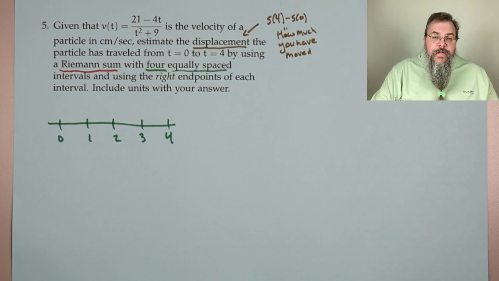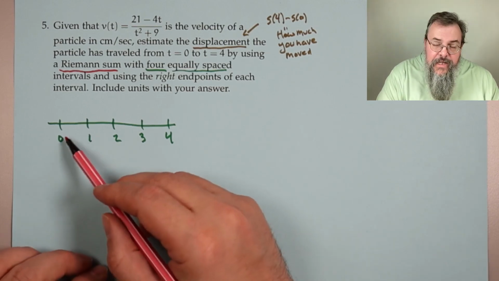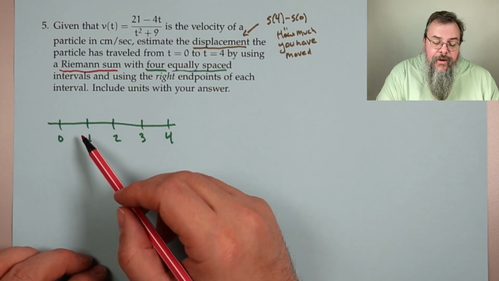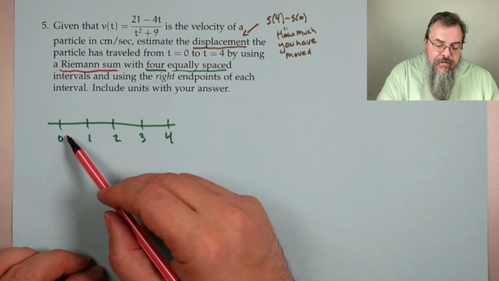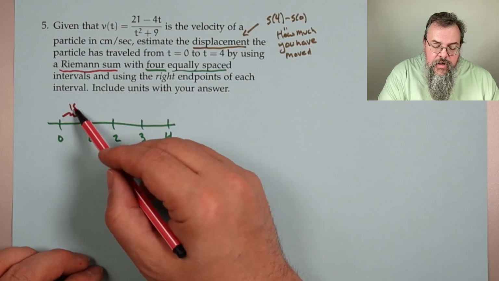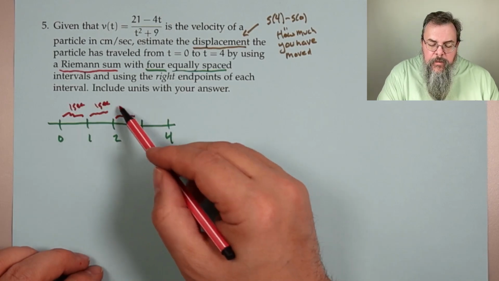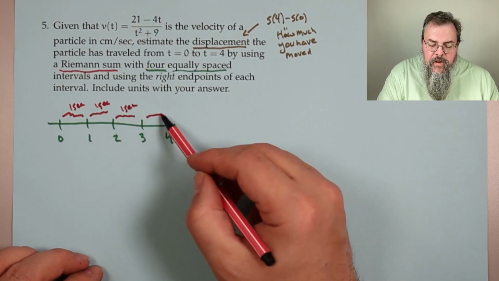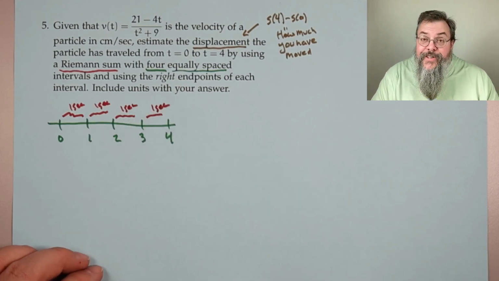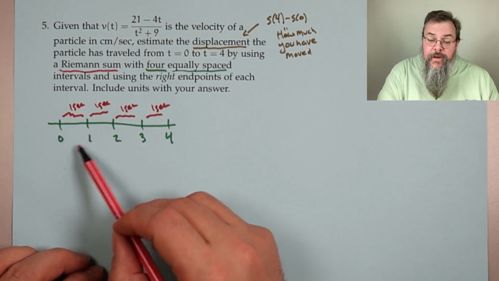Now, what are we going to do? We're going to estimate how far we traveled in each segment. What do we need? We need a length of time, and each segment is 1 second in time. But then we also need a velocity attached to that. What velocity should we be using between 0 and 1?